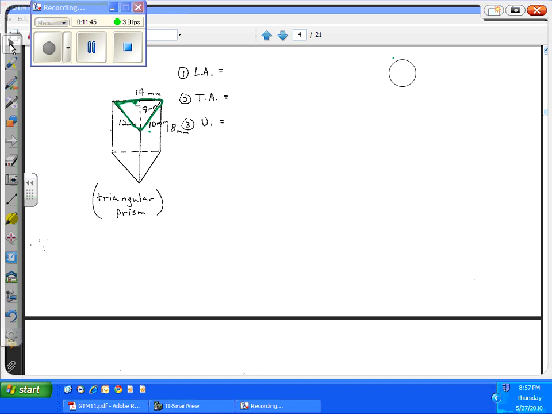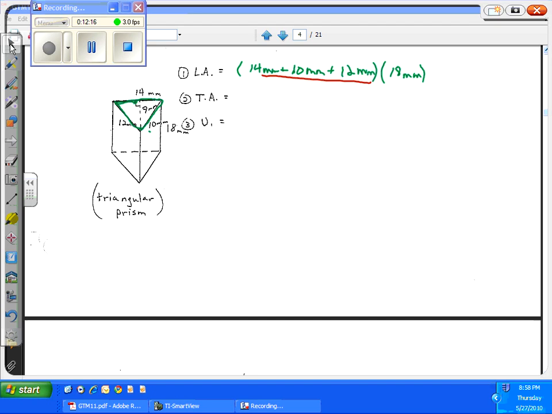Perimeter of bottom, 14 millimeters plus 10 millimeters plus 12 millimeters, times the height of the prism, 18 millimeters.